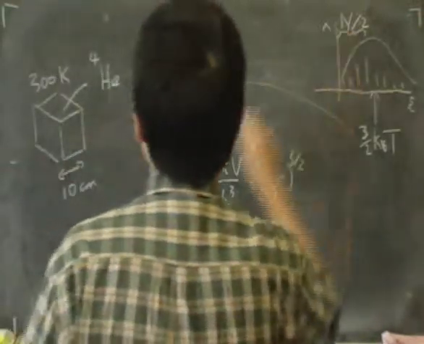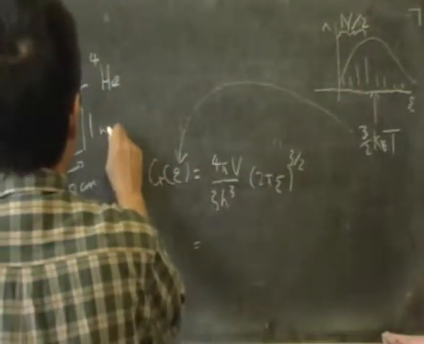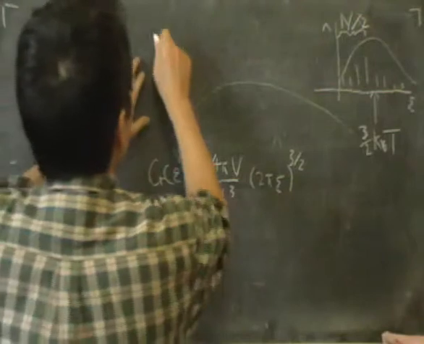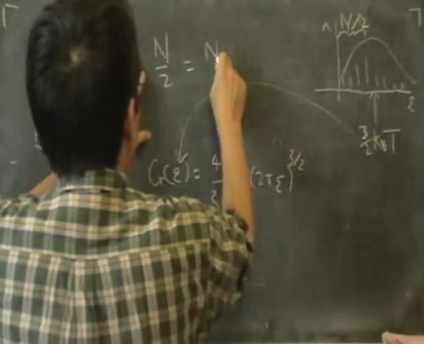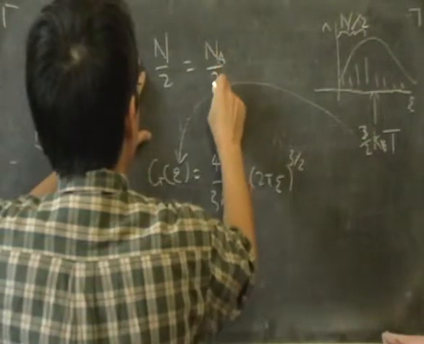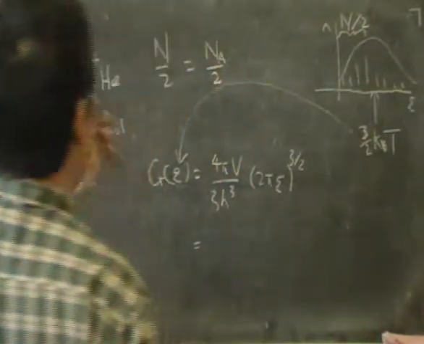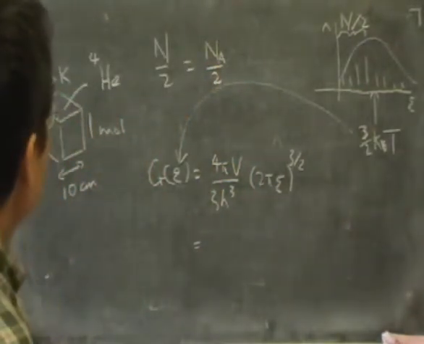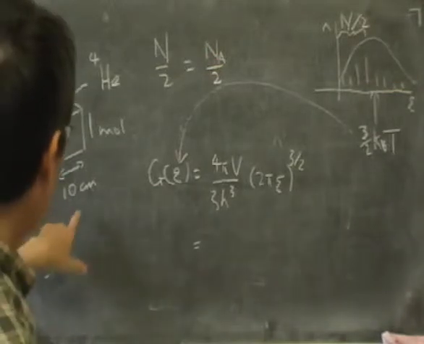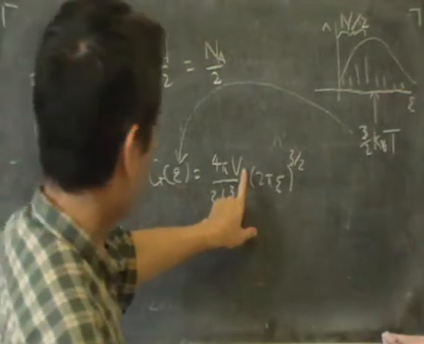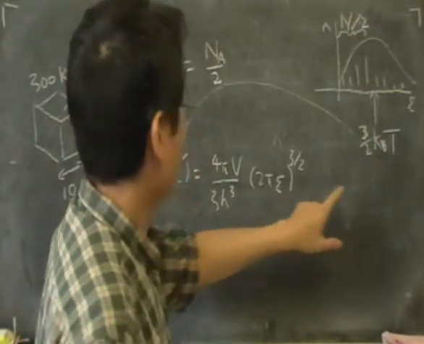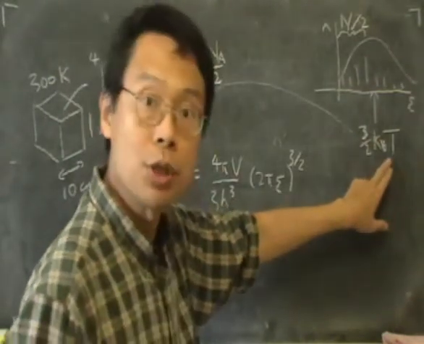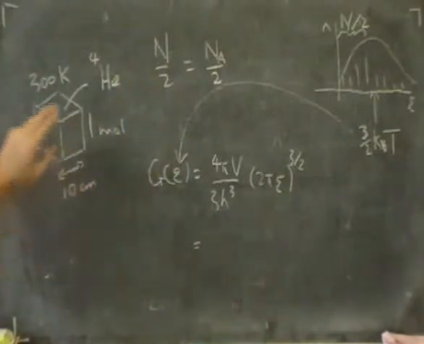We have N here, so let me assume that there is 1 mole of a gas here, so that N/2 is just half of the Avogadro constant. Alright? So we have all the numbers that we need. We have the volume, that's the Planck's constant. We have the energy in terms of the temperature, and the temperature is 300 Kelvin.